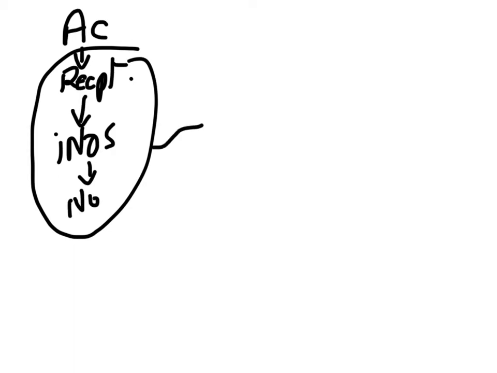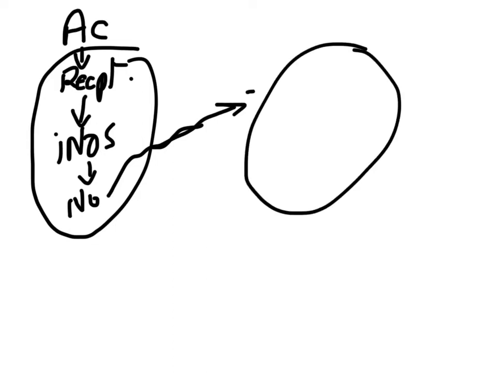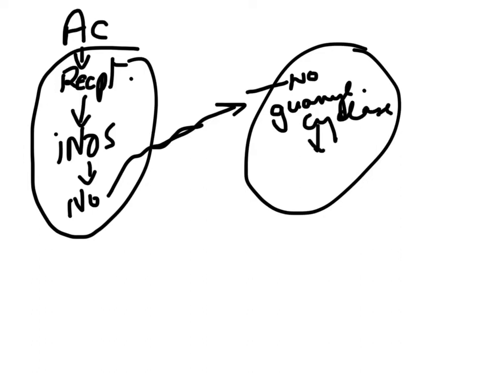The nitric oxide got out of this cell, got into another cell, and in here it activated another protein called guanylyl cyclase. And that's going to end up making something called cyclic GMP.